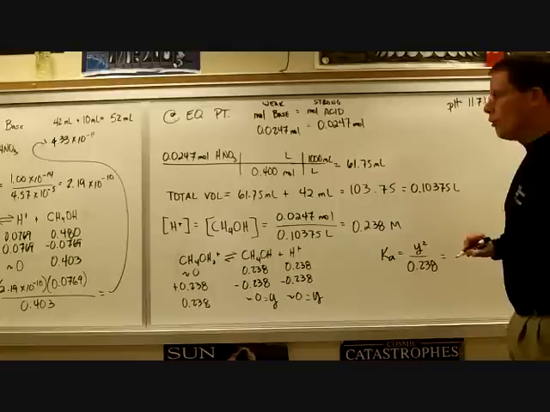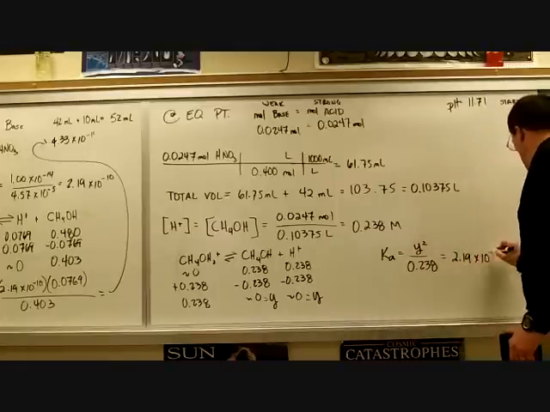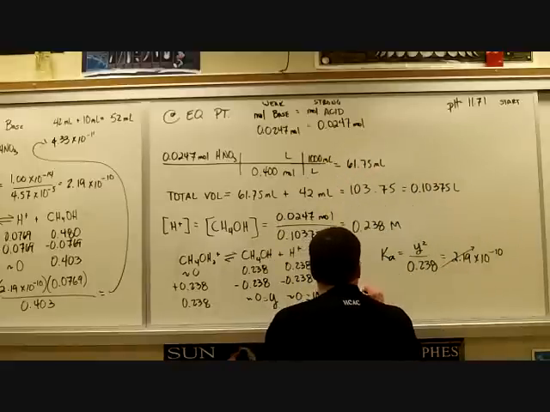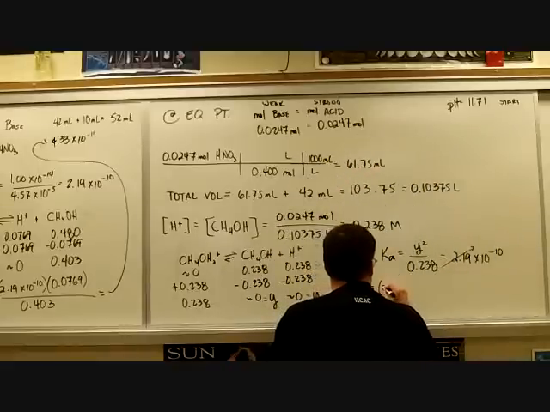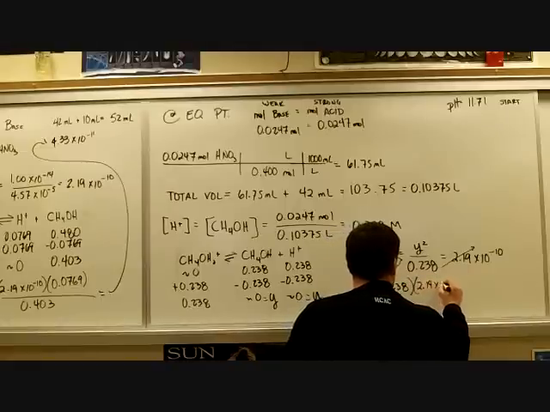And the Ka, 2.19 times 10 to the negative 10. So multiply that on both sides. It's 2.19.